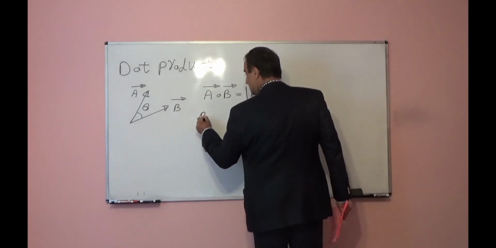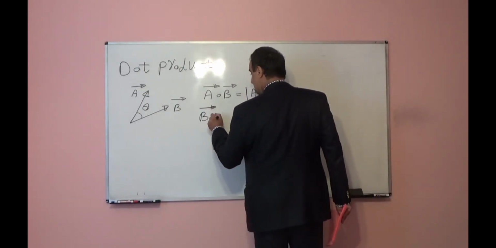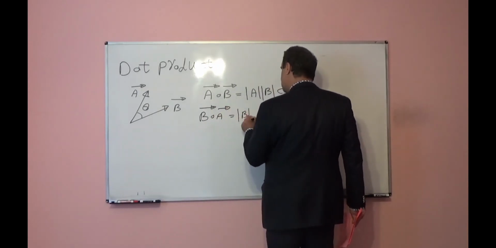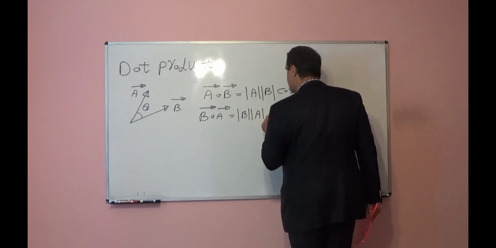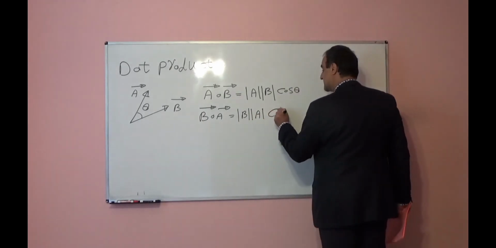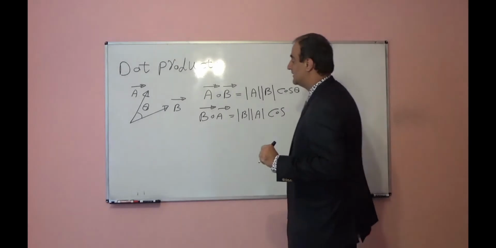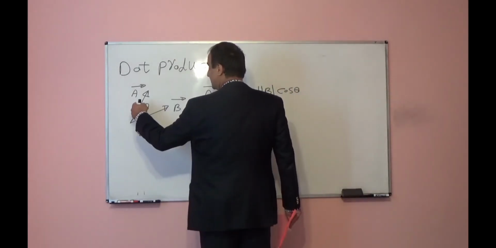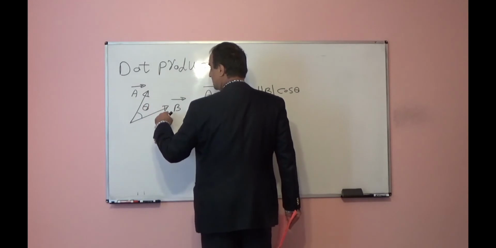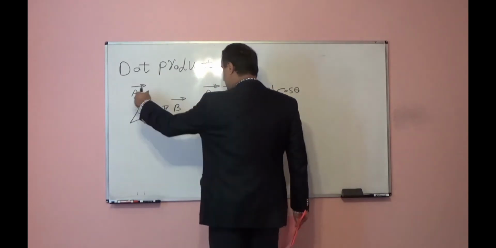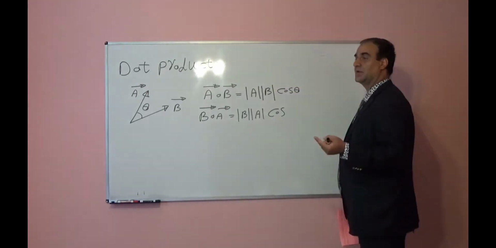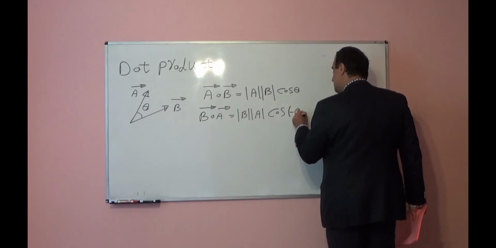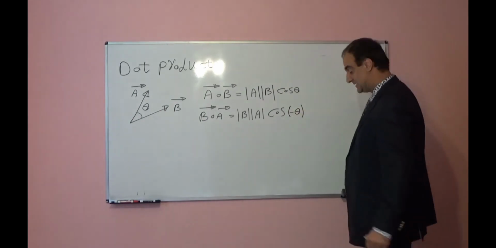So we can write B dot A will be equal to magnitude of B times magnitude of A times again the cosine of the angle between A and B. If theta is the angle between A and B, the angle between B and A, for example, if one of them is clockwise, I assume it is positive, the other will be negative, minus theta.